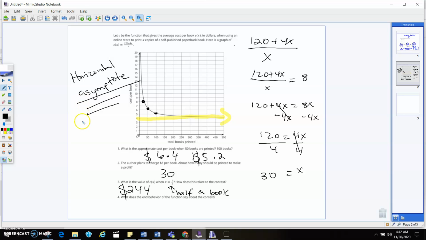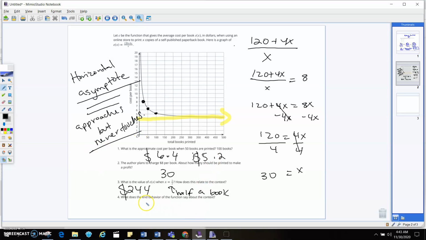An asymptote is something where the function approaches but never actually touches. Approaches but never touches. Don't touch my asymptote, right?